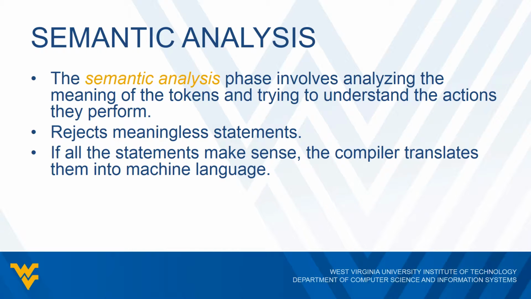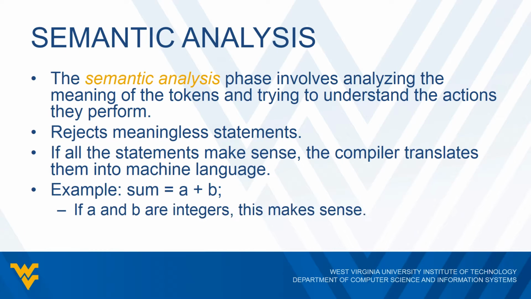Now you might think, this is easy to do for English language sentences. They may be syntactically correct but semantically meaningless. But what about these meaningless statements in a high-level programming language? Well, let's take a look at an example of something like sum equals a plus b with a semicolon. Now, this is going to be correct syntactically, but what about the meaning part behind it?